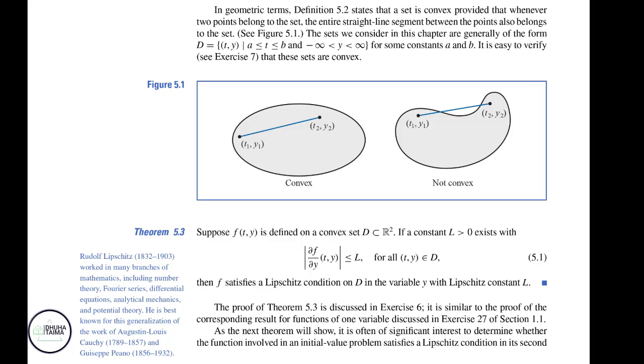It is similar to the proof of the corresponding result for functions of one variable discussed in Exercise 27 of Section 1.1. As the next theorem will show, it is often of significant interest to determine whether the function involved in an initial value problem satisfies a Lipschitz condition in its second variable.